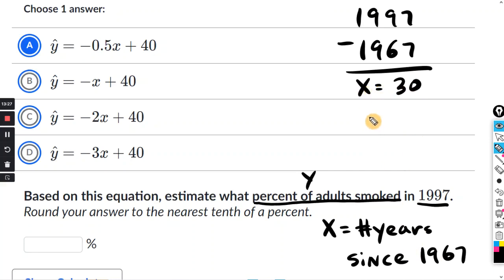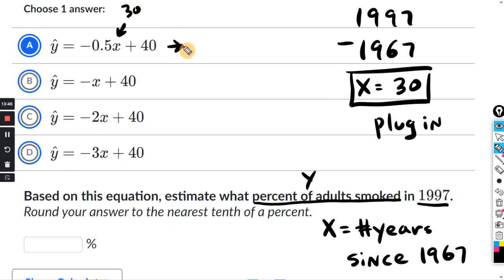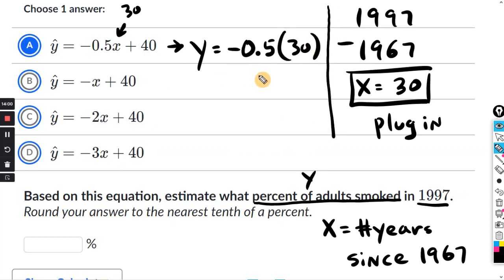You want to take that and plug it in. So make sure you use the equation that you selected, and x equals 30 is going to go right in there. So that's going to be y equals negative 0.5 times 30 plus 40.